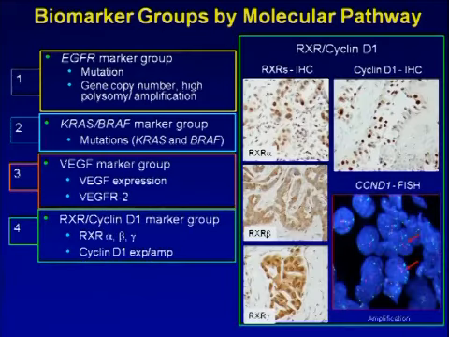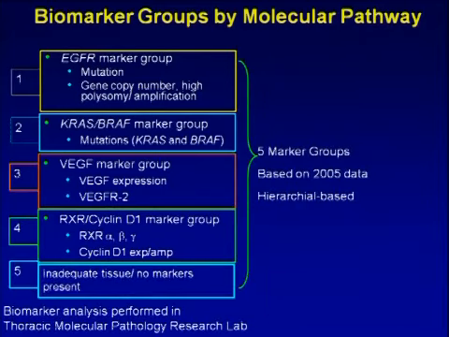We have RXR and cyclin D1 markers. A patient could have all negative results on all these markers. And we also have some patients for whom we don't have enough tissue to do the marker analysis, so we group them into group 5. The way to reduce the number of markers is by grouping them.